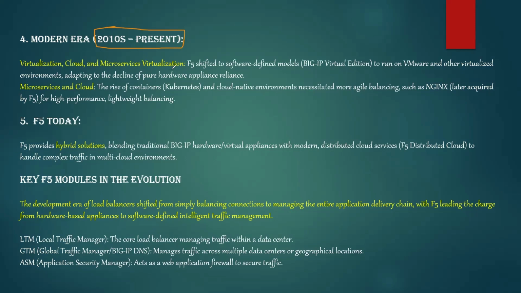It is basically the era of cloud. We use a virtualized platform for F5 that gives the same capability F5 has. Instead of hardware, we shifted our traffic to the software-defined, virtual edition module.